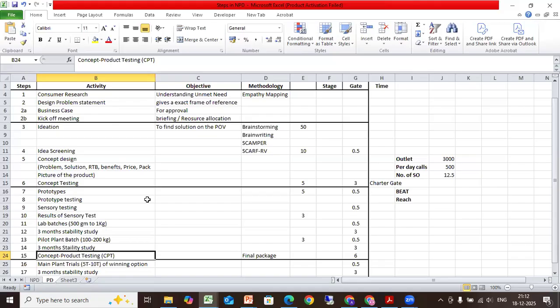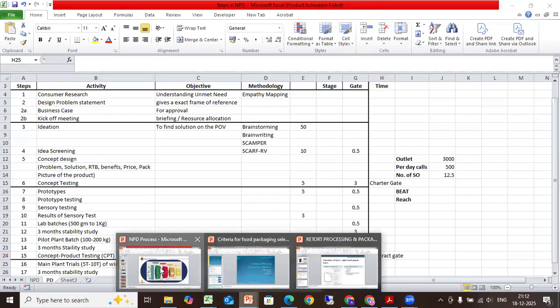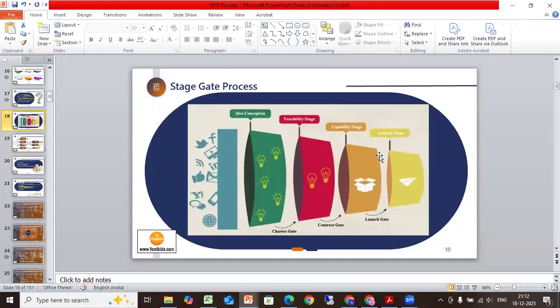It is between the third party agency and you, whatever protocol you decide, and the sample placement. In your final package, when you have a successful CPT result, you get one winning option. Then you cross the contract gate and come to the launch gate.